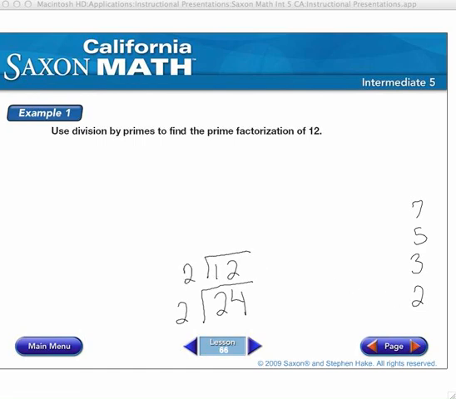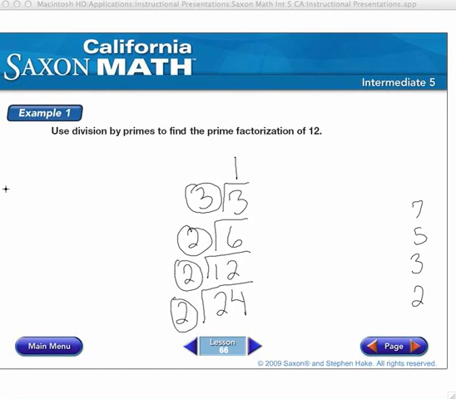It's even again. 12 divided by 2 is 6. Divide 6 by its smallest prime, which is 2 again. 6 divided by 2 is 3. Divide 3 by its smallest prime, which is itself, 3, which leaves me a quotient of 1, which tells me I'm done. Here I have 4 divisors this time. So 24 equals 2 times 2 times 2 times 3.